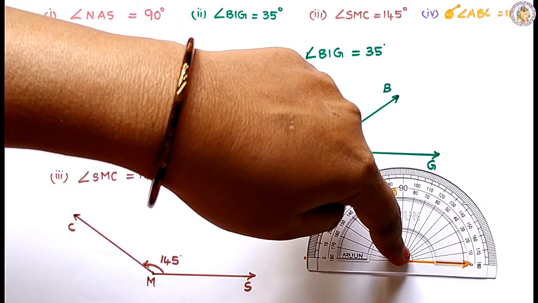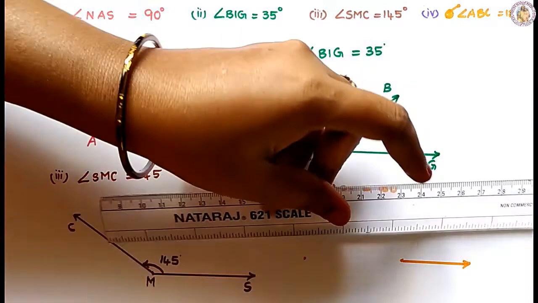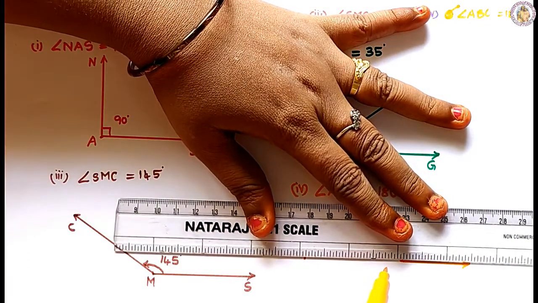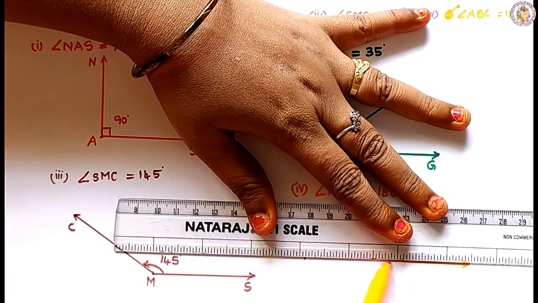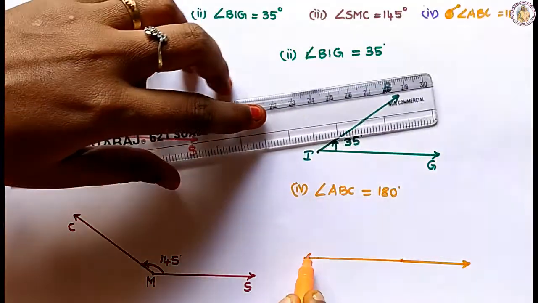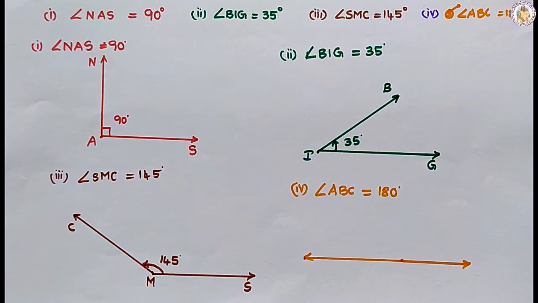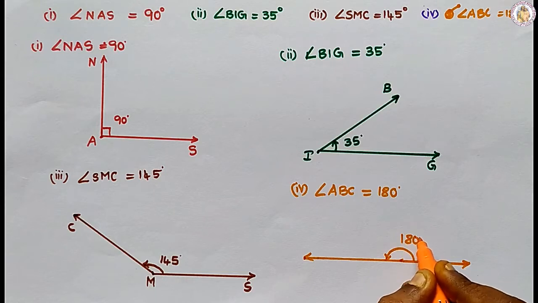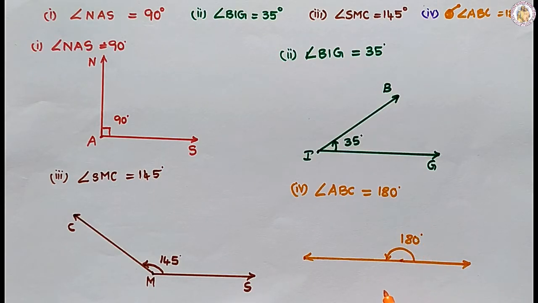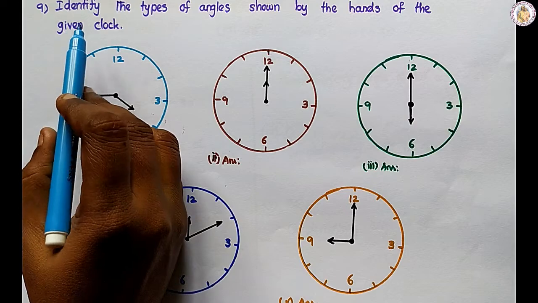So keep the point here and join that. That is 180 degrees. Name that ABC. That is the ninth one.